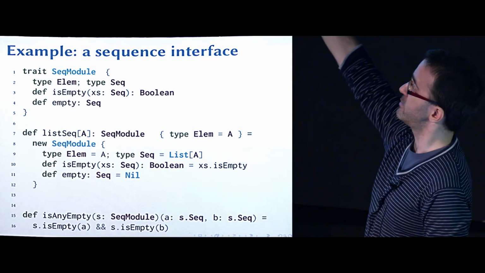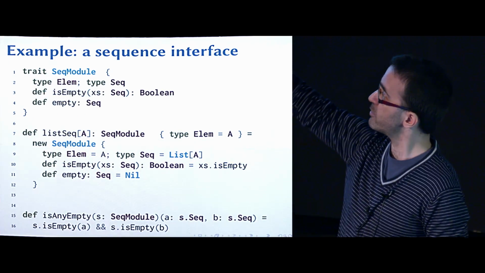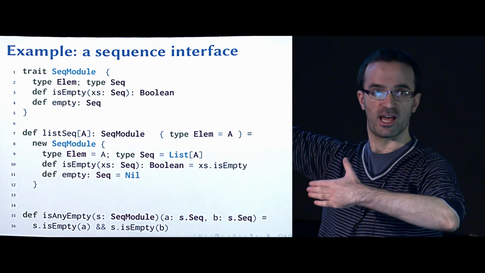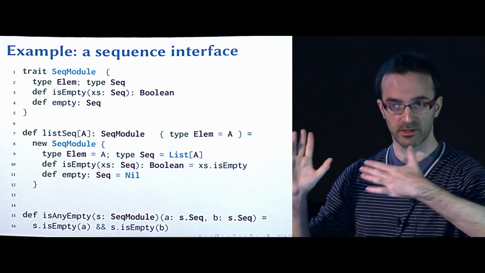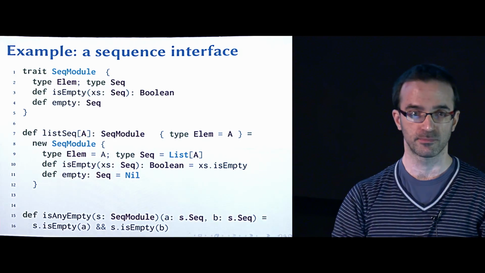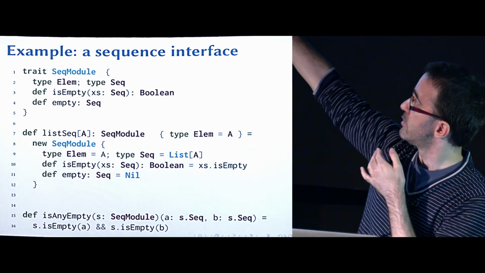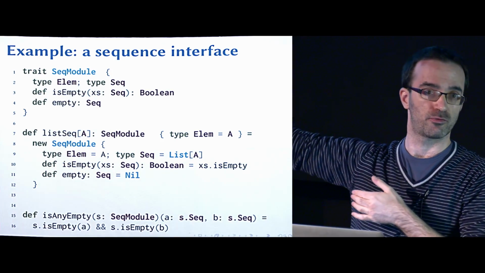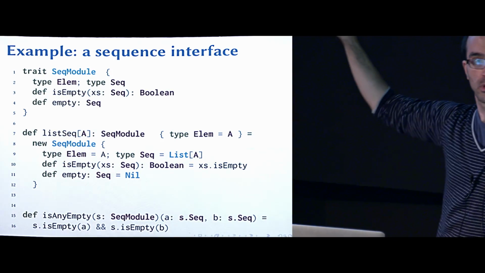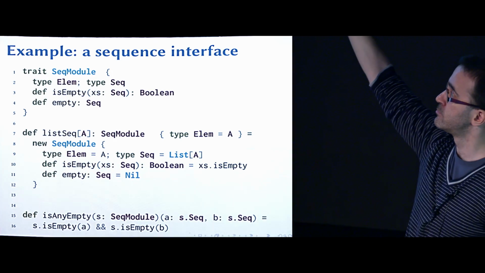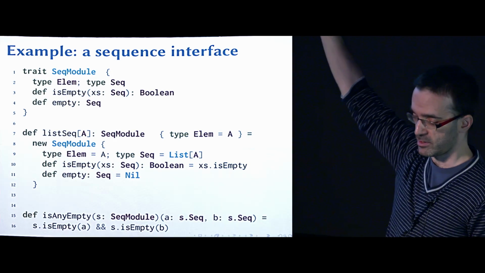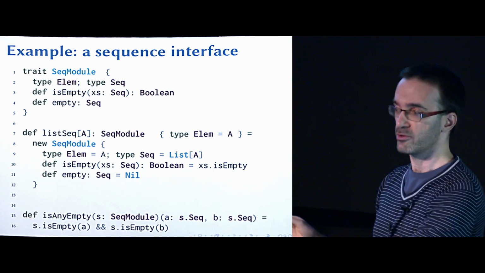What is important here is that this method, listSeq, creates a module implementing this interface for each type and leaves the type of sequence abstract. So from outside, we do not know what Seq is implementing, how this type is defined.